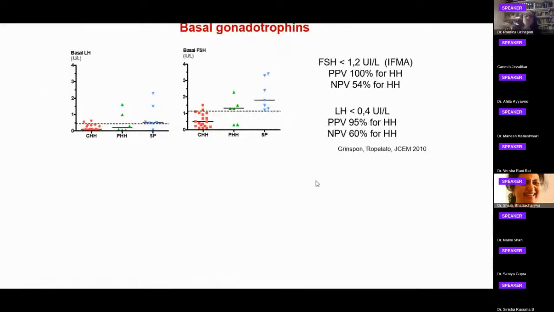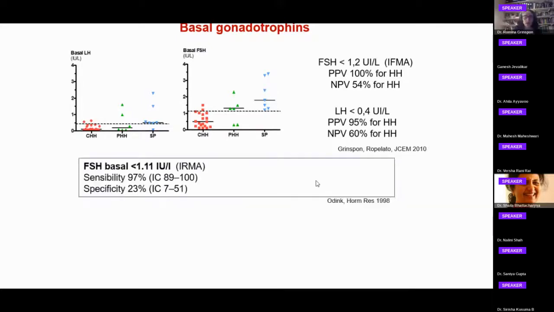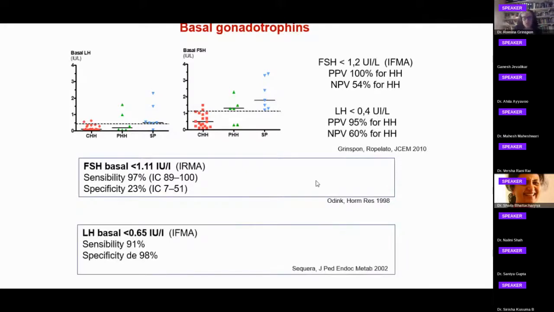Basal gonadotropins can be useful. LH below 0.4 and FSH below 1.2 with IFMA has a very high positive predictive value for central hypogonadism. Obviously, it depends on the methodology you use.